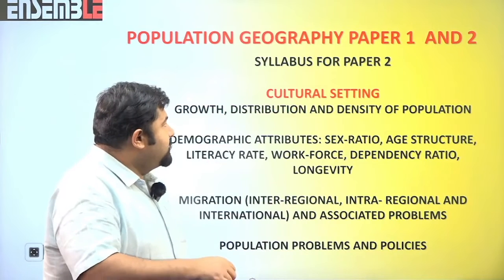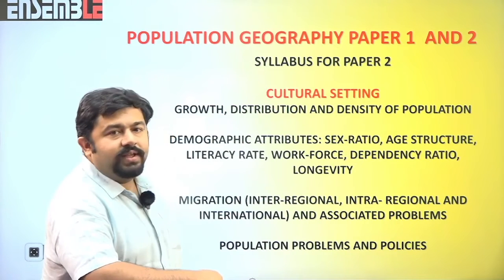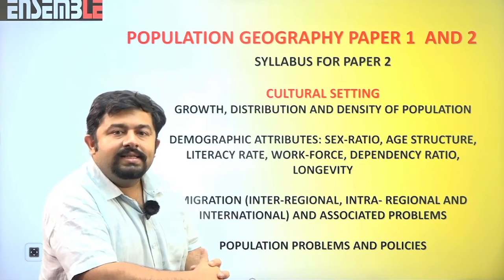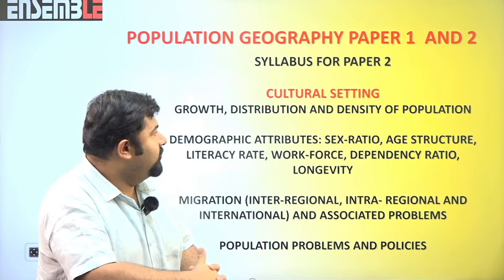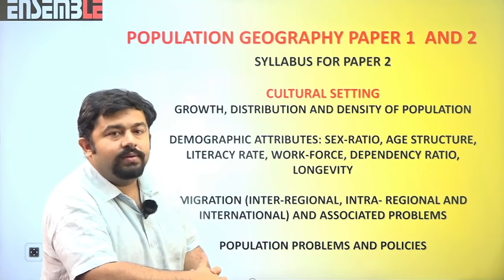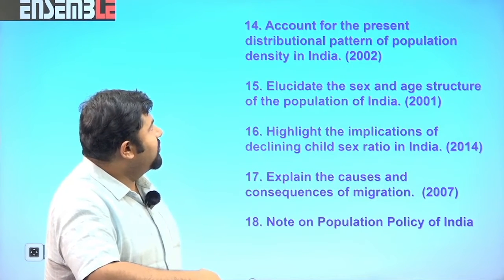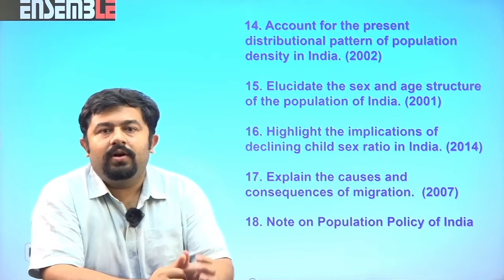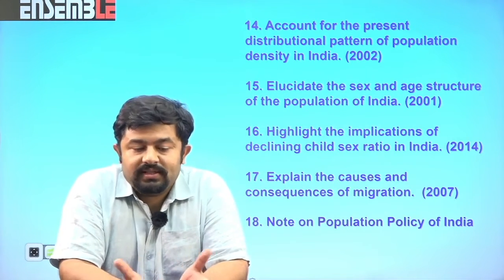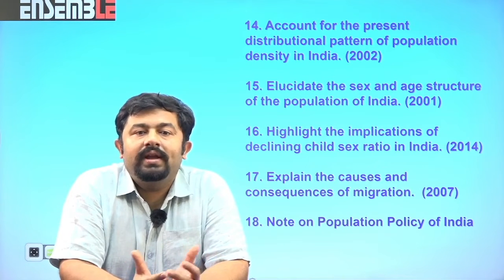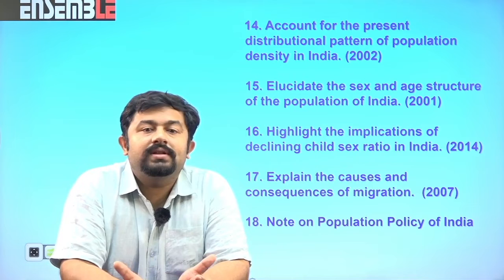Let's see the next, paper 2. In paper 2, the chapter name is cultural setting. Under cultural setting, certain topics are a part of population geography, like growth, distribution and density of population. Let's see an example. Account for the present distribution pattern of population density in India. So what are they asking you? What is the population density? Why? A question can also be asked, what is the reason for the present population density?